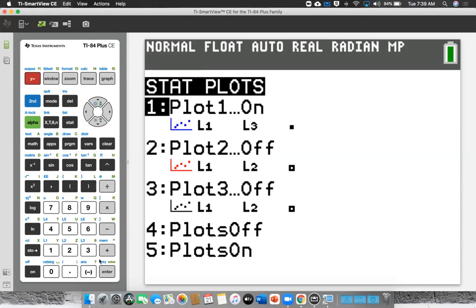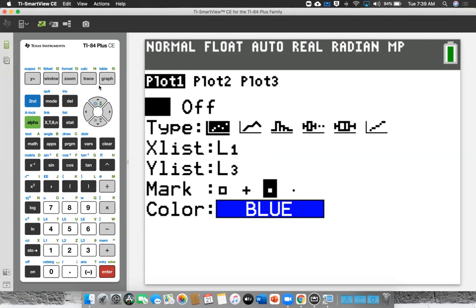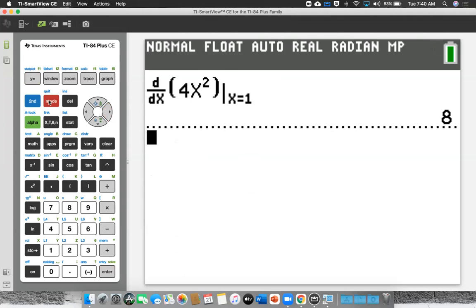If your plot says off, like if it's your calculator, then you don't have to worry about this. But if it's one of the calculators from the tub, then this probably says on. If it says on, make sure you turn it off. I don't want to see any of my statistics, so scroll to off, and then come back.